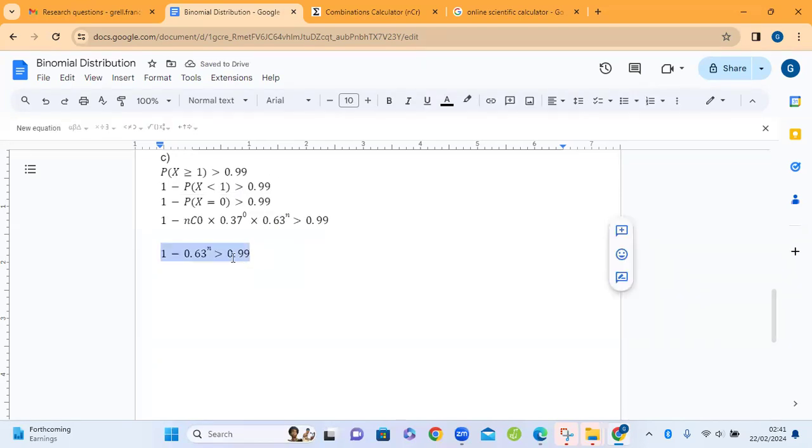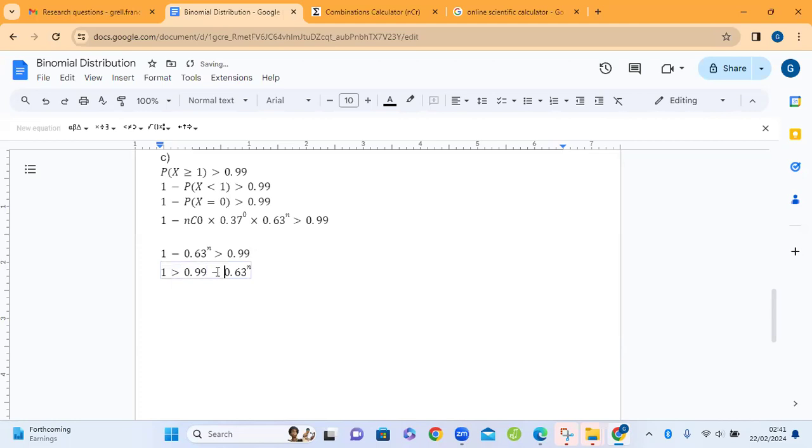So a simple little bit of algebra. We're going to cancel out from the left side negative 0.63 to the n by adding 0.63 to the n on both sides, and we're going to cancel out 0.99 by subtracting 0.99 on both sides.